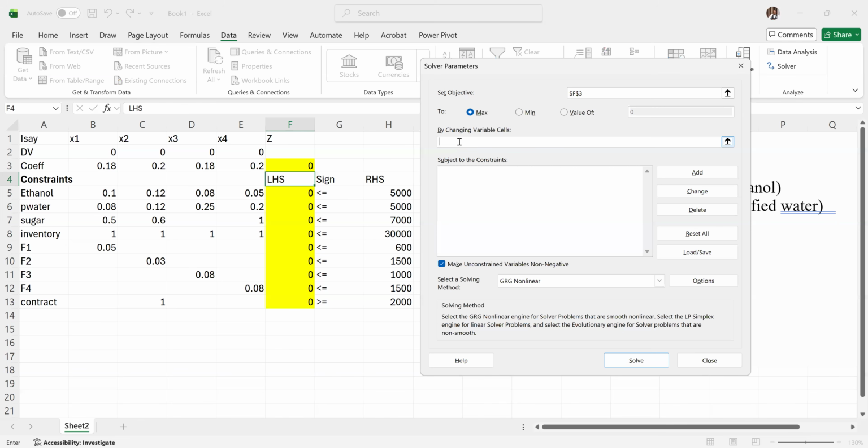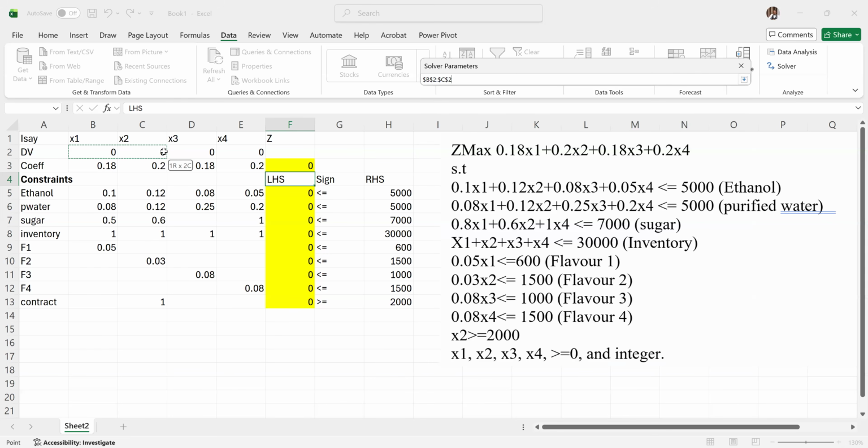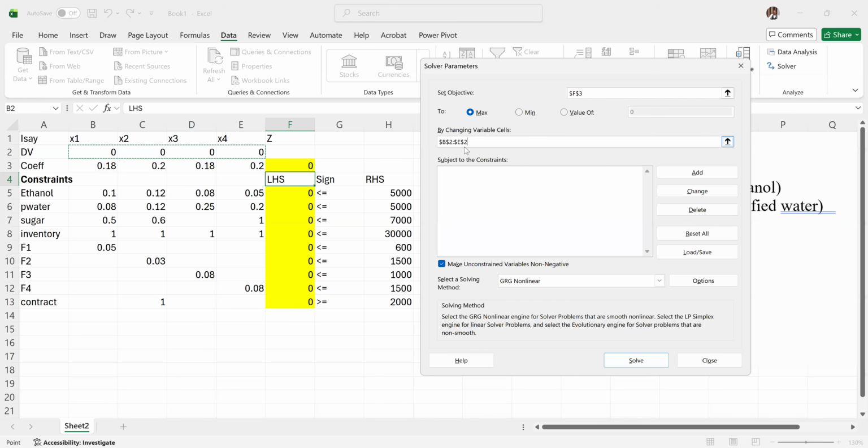The by changing cells is the decision variables. So inside the by changing cells, click and drag all the decision variables. Mine, as you see, is from B2 all the way to E2. Then you click on the white space, which is subject to constraints.